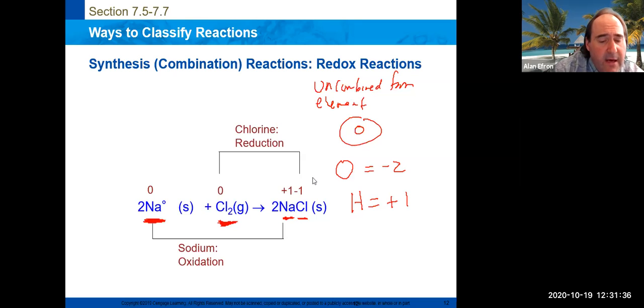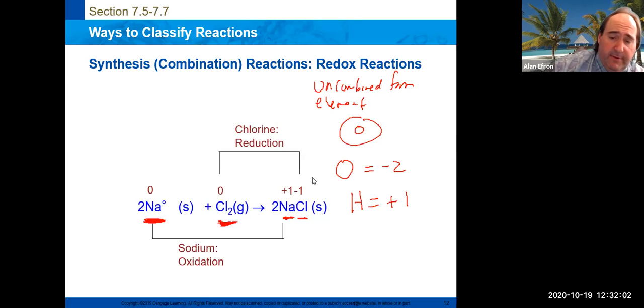So again, oxidation numbers may not match exactly what we think about in terms of ionic compounds and the charges that things have. And sometimes they are the same, but sometimes they're different. They definitely will be the same if you have an ionic compound. So if you see an ionic compound like we see here with sodium chloride, everybody will have the normal charges we would associate with it.